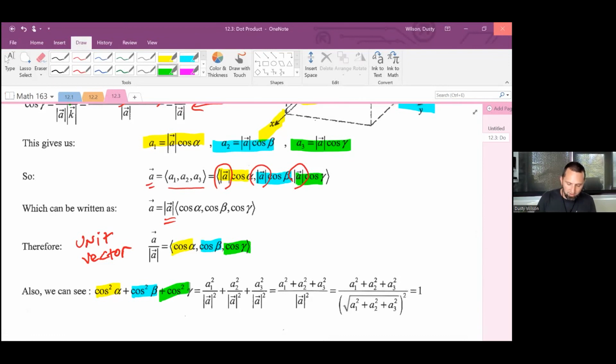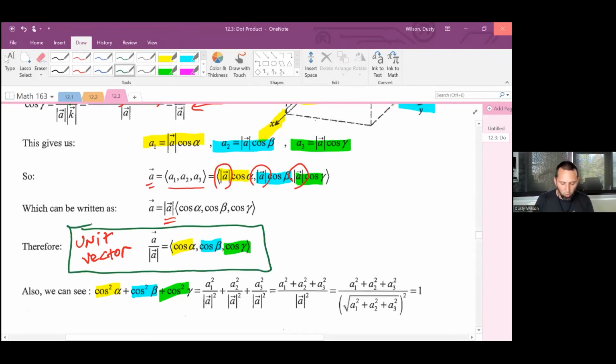But the key is that this vector is a unit vector. So when we're working with a unit vector, and you take the sum of the squares of those terms, you are definitely going to get 1 out the back end, right?